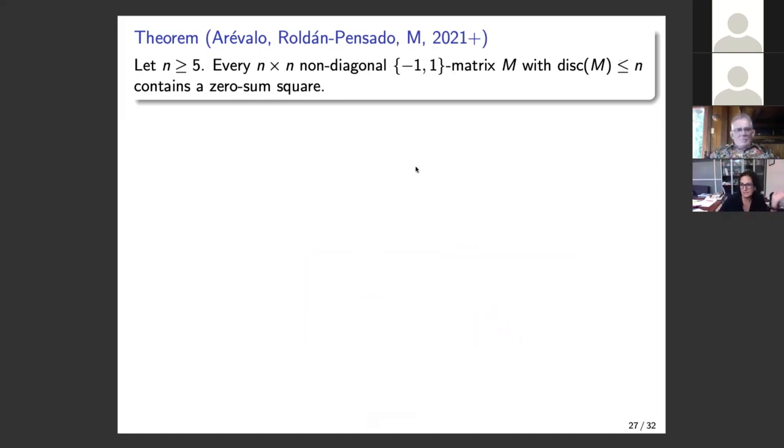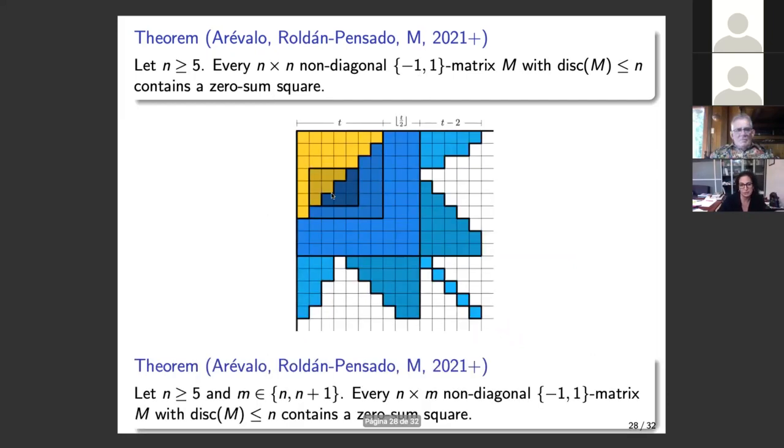That was the main idea, but in order to prove this, we actually need to prove a statement a little bit stronger, where we manage squares and almost square matrices.